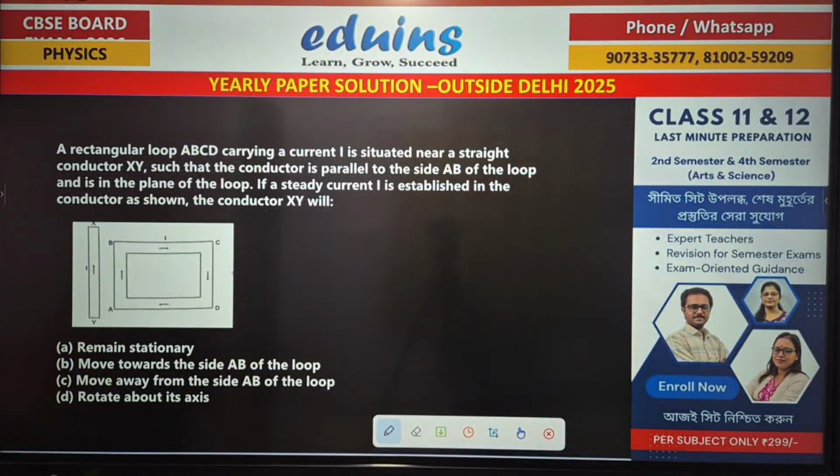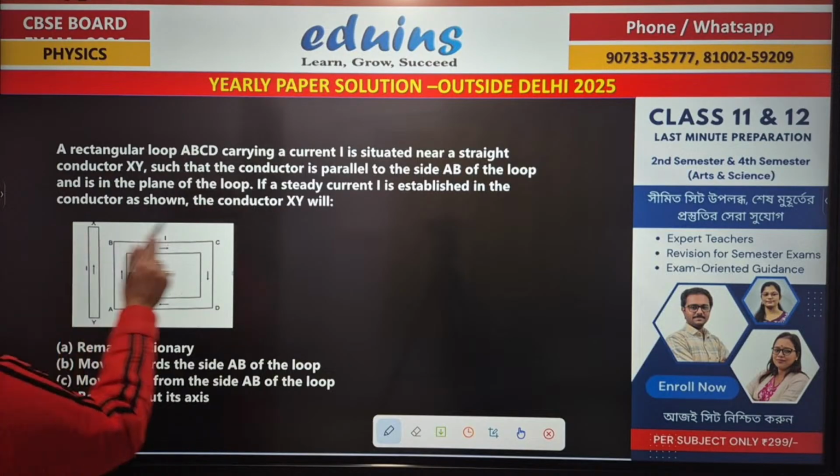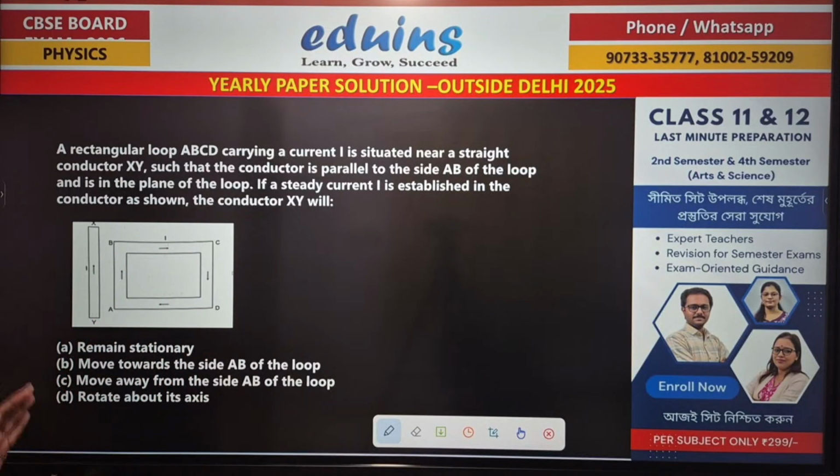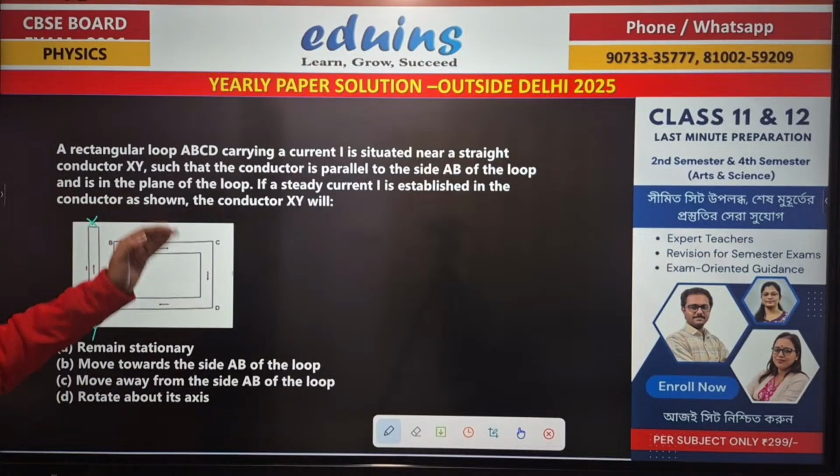A rectangular loop ABCD carrying a current. So, ABCD is a rectangular current carrying circuit. It is situated near a straight conductor XY. So, this is X and this is Y, such that the conductor is parallel to the side AB of the loop and is in the plane of the loop.